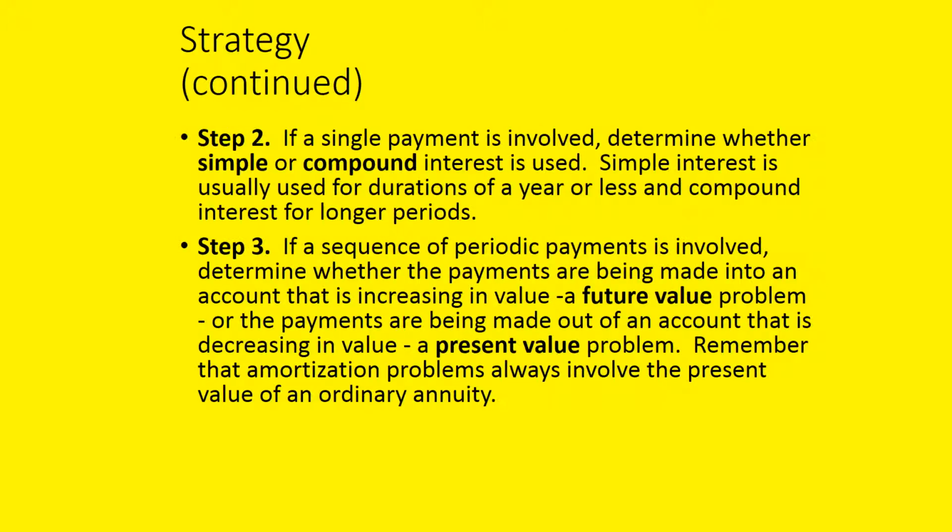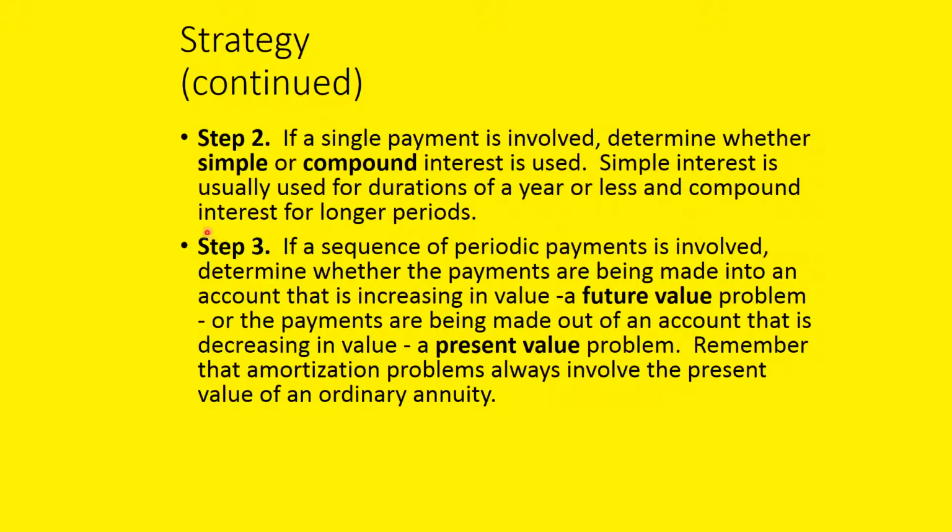If a single payment is involved, determine whether simple or compound interest is used. Okay, so 3.1 in Barnett, 3.2 in Barnett. Simple interest is usually used for durations of a year or less, and compound for longer periods.